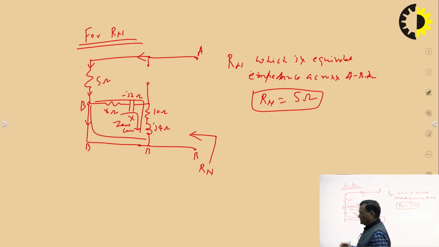Straightaway you can see that. Because we have placed the short circuit across this, zero current will flow through the impedance, so it will not take part in the equivalent impedance.